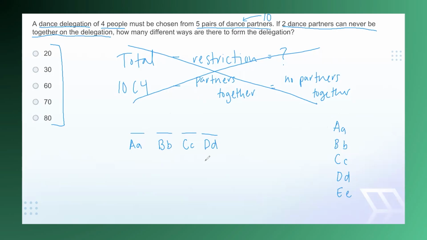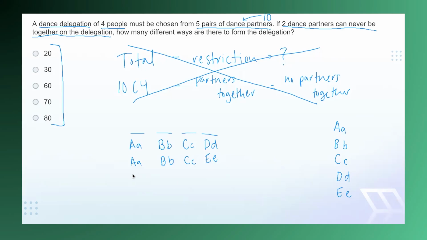All right, well, what other combinations of pairs could we have? Well, I could have an A again in the first slot, a B again in the second slot, a C again in the third slot, and an E in the fourth slot. That is another possible combination of my dance partner pairs.